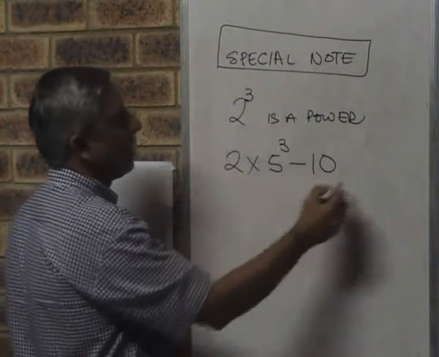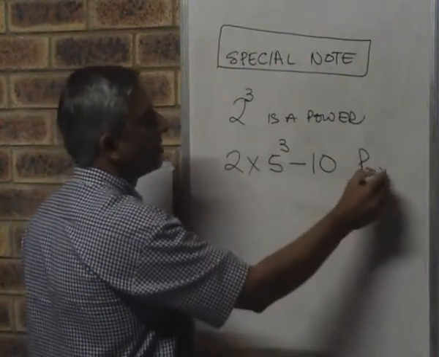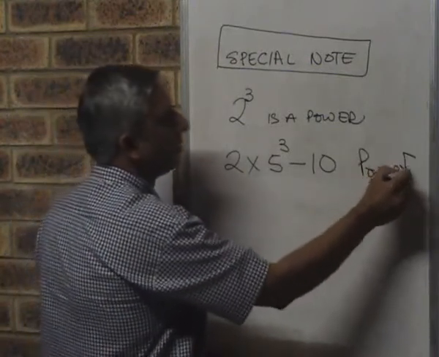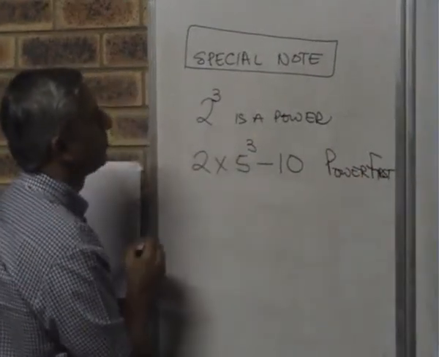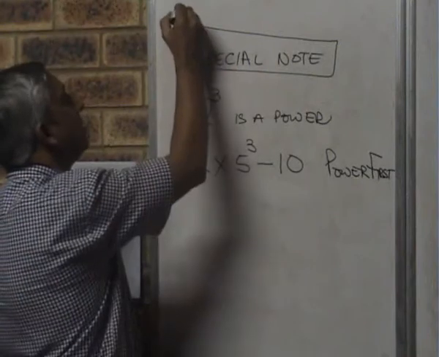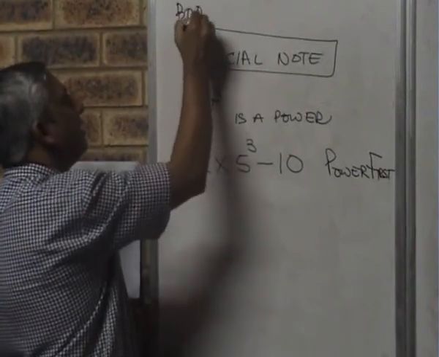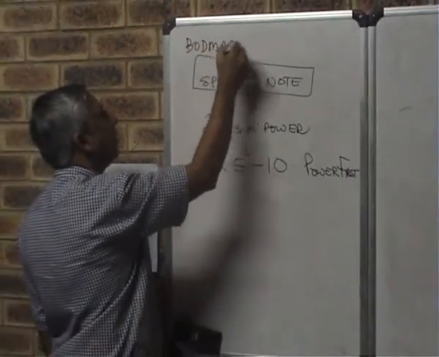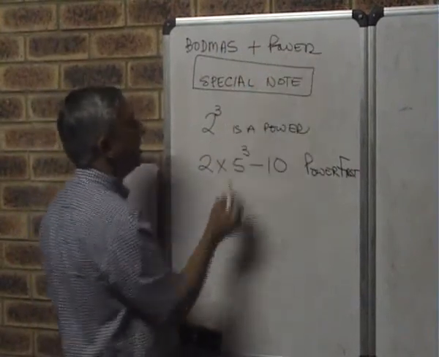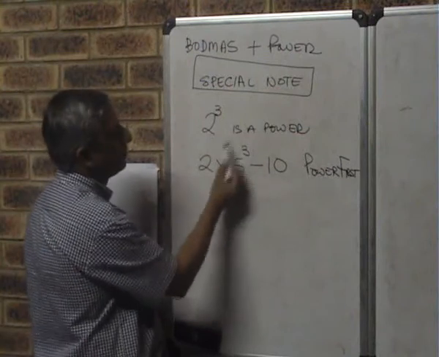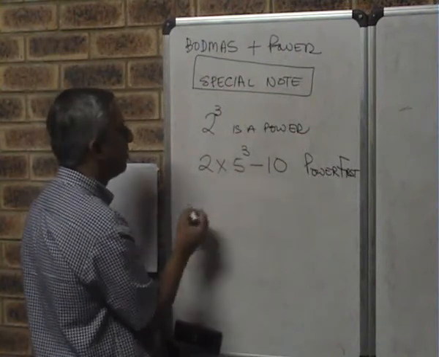So what happens here, you have to do the power first. You must do the power first. So what we are saying is, we've got BODMAS plus power. So if a power is involved, then you must do the power first.